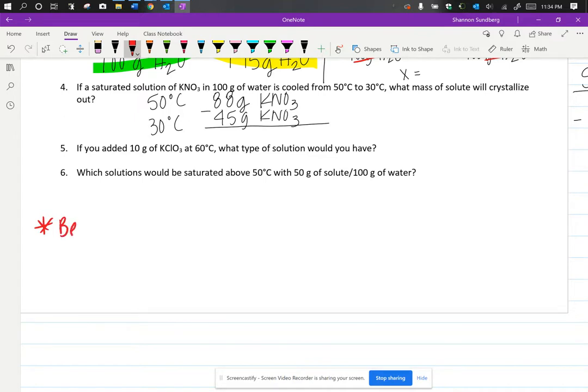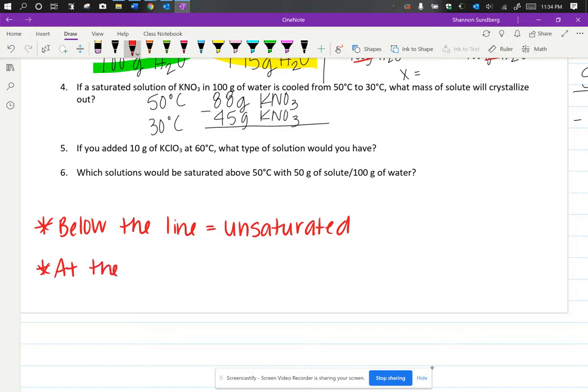Below the line equals unsaturated. That means solute's going to dissolve. At the line and above is a saturated solution. No more will dissolve, you will have solids.